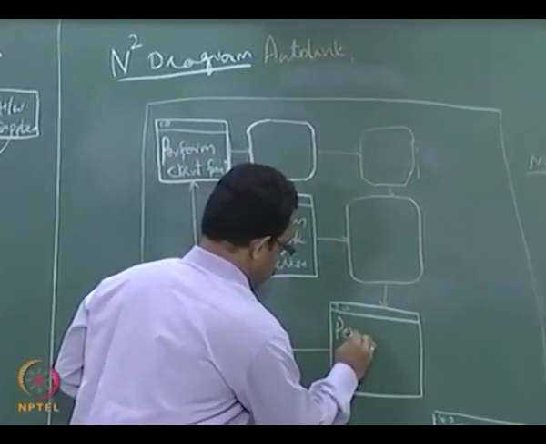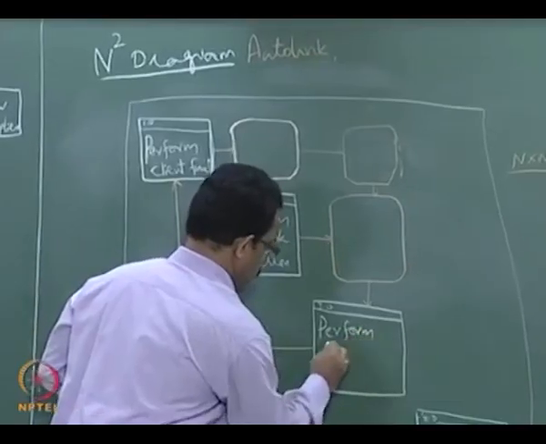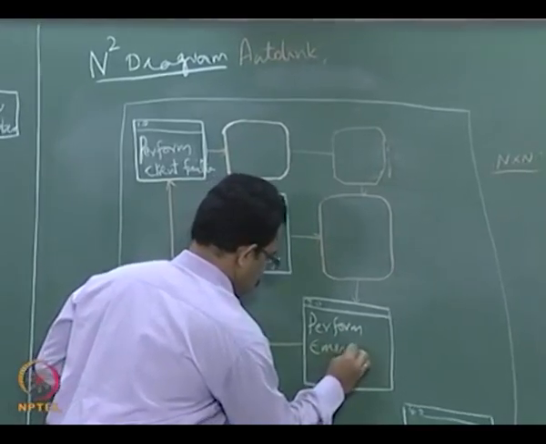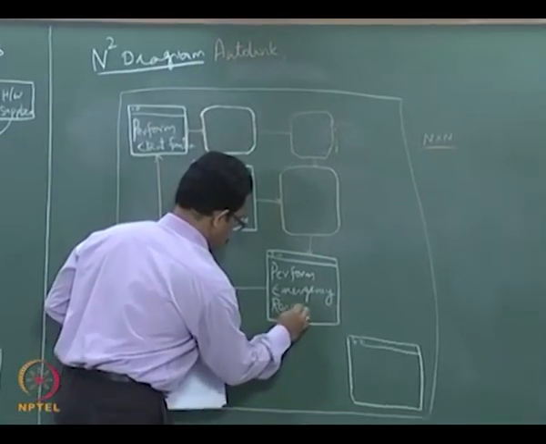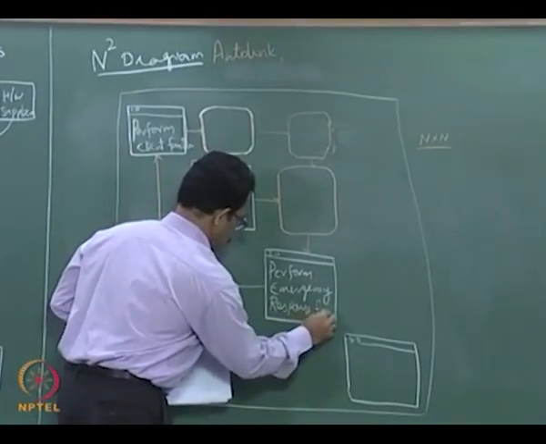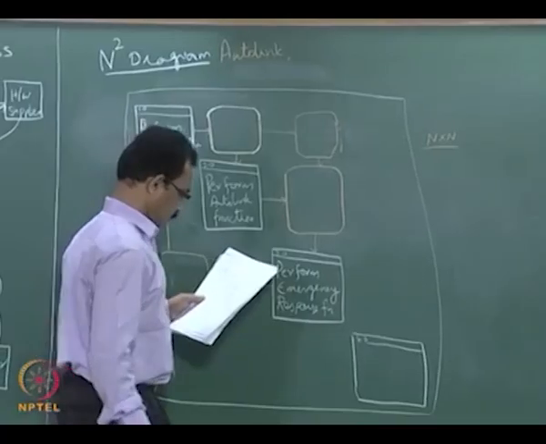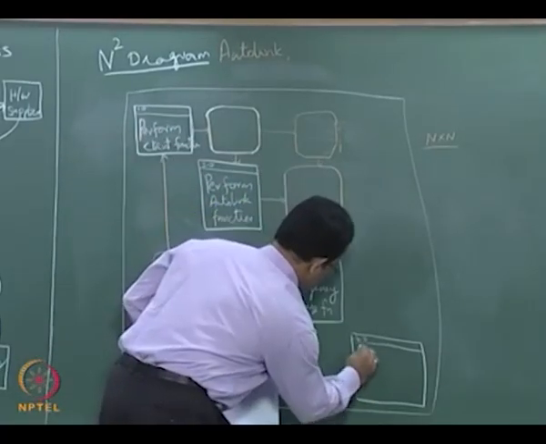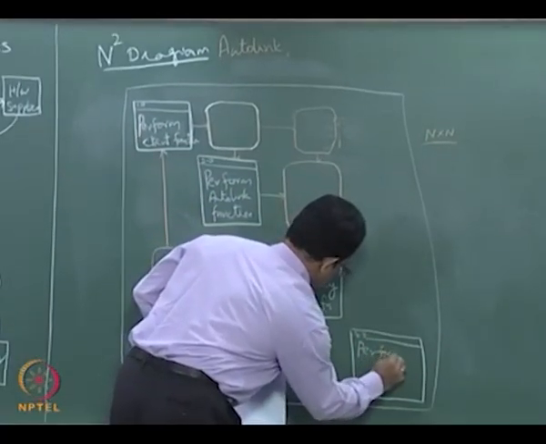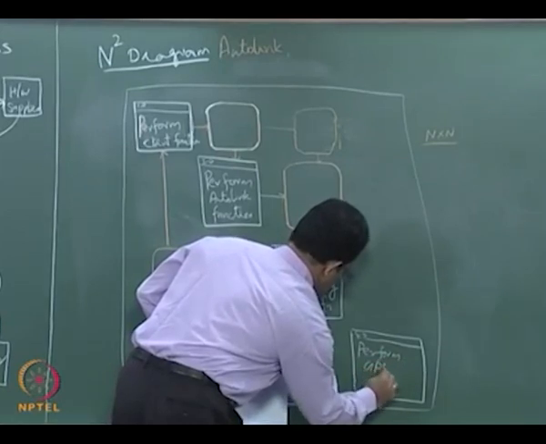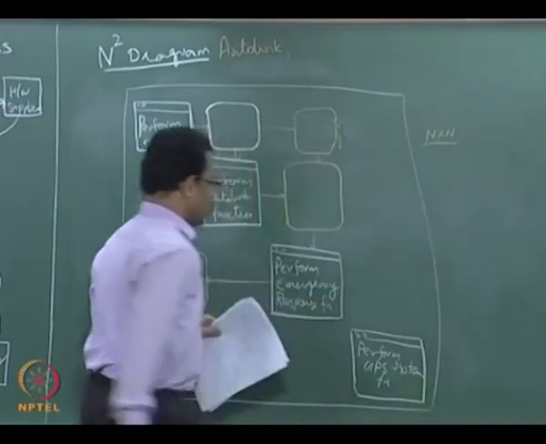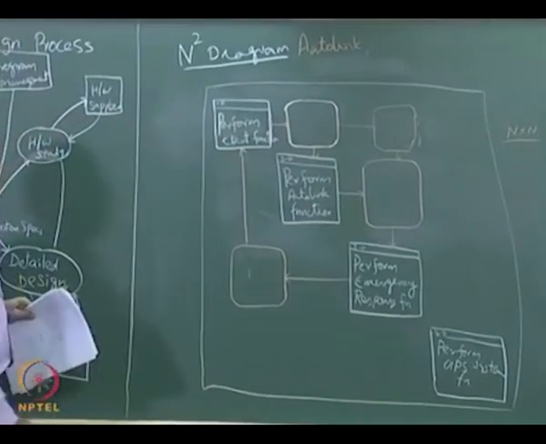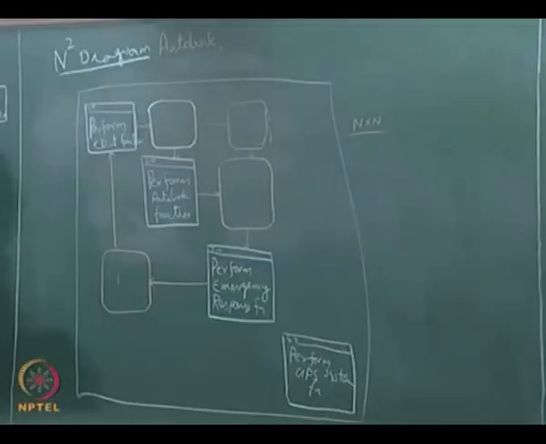Perform emergency response function, then perform GPS system function. We can consider these are the four main functions to be performed by the auto link system.